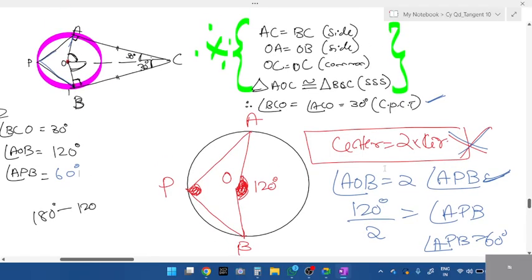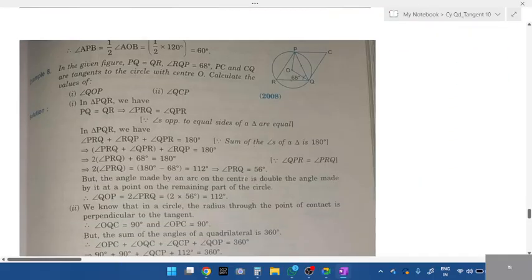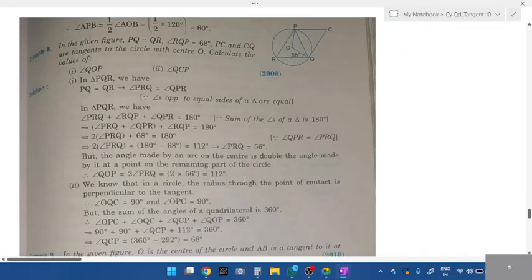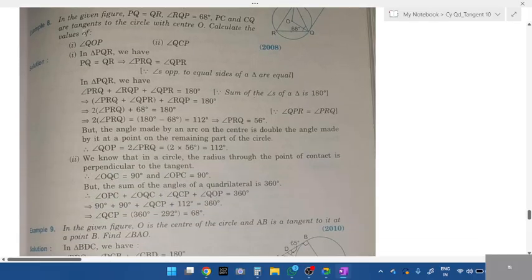Is it clear? All of you understood? Response, students. Any doubts in this? Fine. We'll see in triangle. There was one good question. Yeah, this question. Look at the eighth one. Look how big the solution is. 2008, they had given this question.